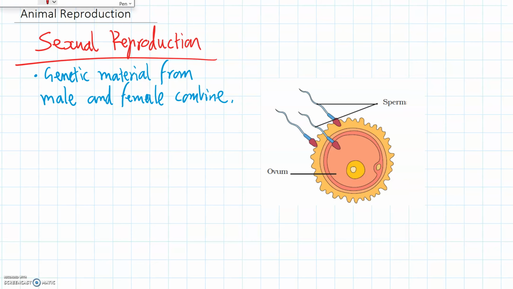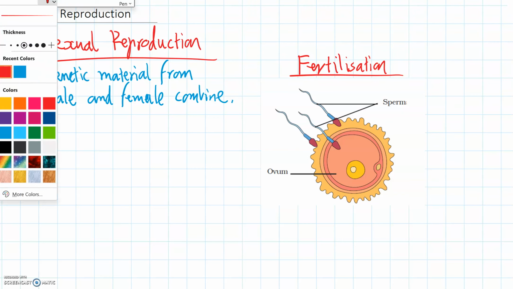We briefly learnt about the process called fertilization, and we'll look at that in more detail firstly. So here's a diagram of fertilization happening. This can happen inside the animal or outside the animal, which we'll learn soon.